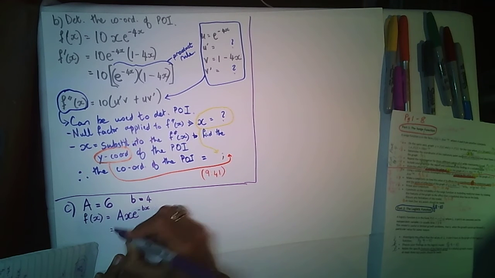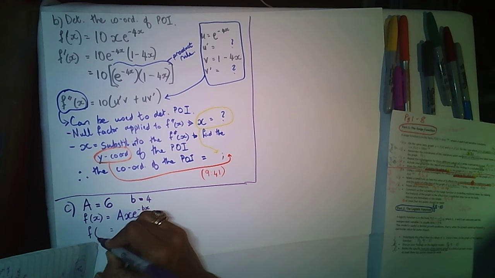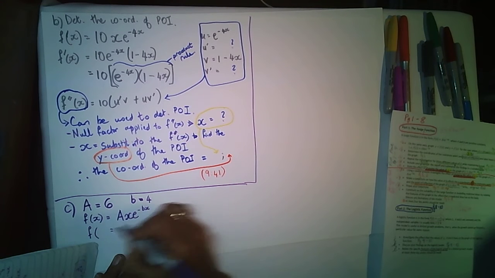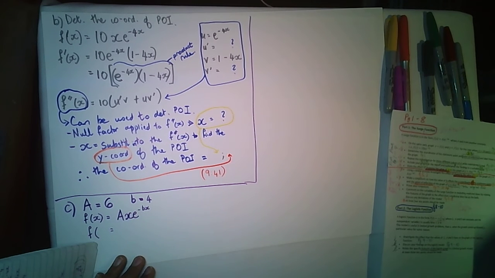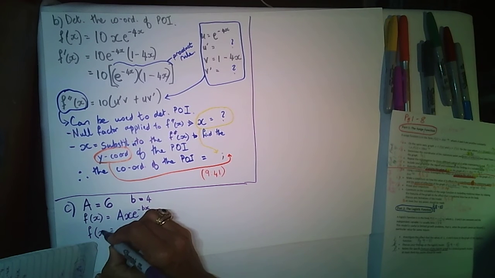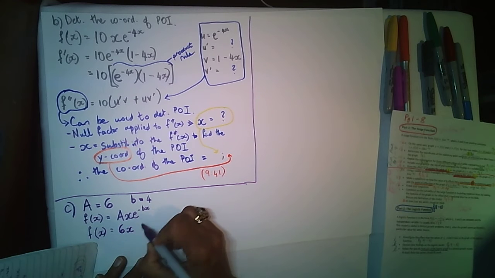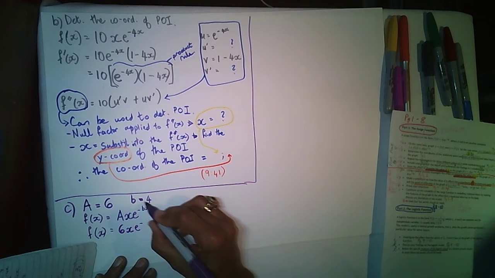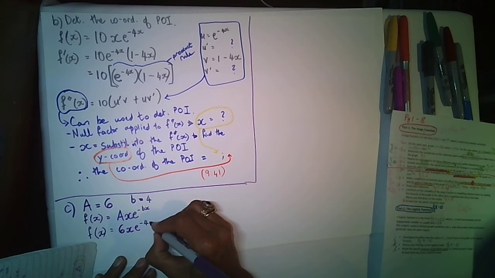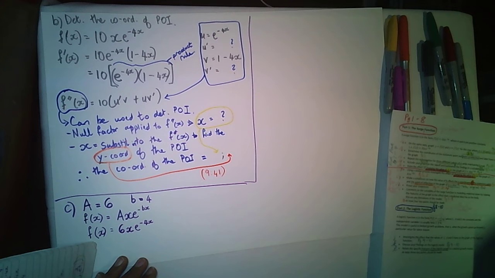When I substitute my value, I'm going to have a 6 instead, and I want to know what's going to happen to my function. I'm going to have 6x e to the power minus, and I still have my b, which is 4x. So I still have the same form, but a different a value.